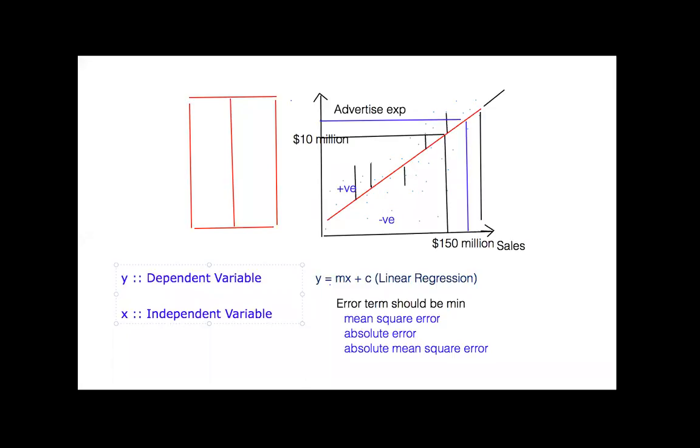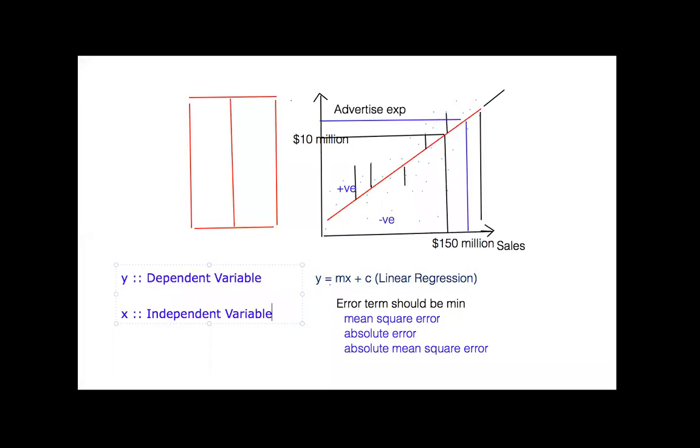Any time you have a data set and you need to predict something, you are going to predict some particular column or variable. The variable you are trying to predict is always going to be your dependent variable, because that variable depends on some factors.